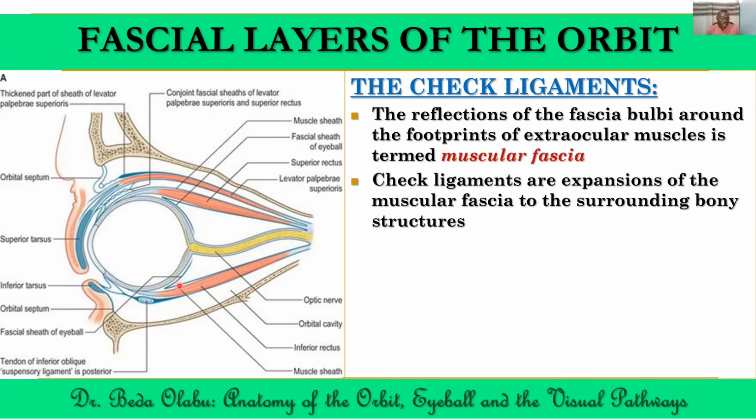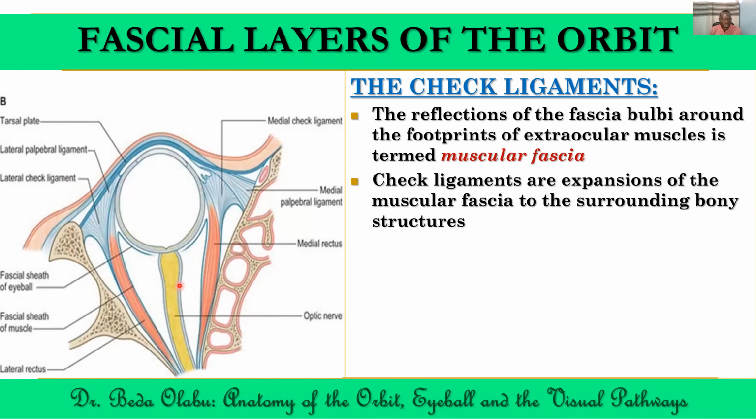There are some fascial sheaths or muscular sheaths which are thicker, and there are some which are insignificant. Now, what is a check ligament? A check ligament is an expansion from the muscular fascia to the surrounding bones. So the muscular fascia has some expansions to the surrounding bones. We call these ones the check ligaments. Not all of them are important. However, the ones for the medial rectus and the lateral rectus are very important.